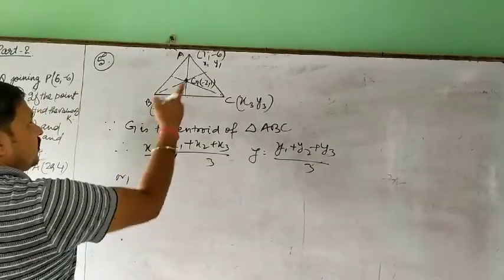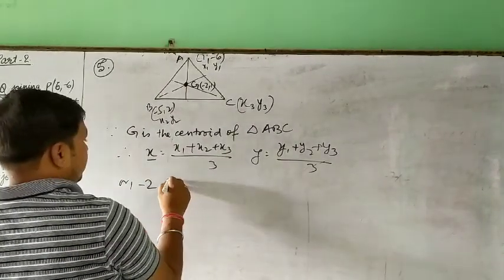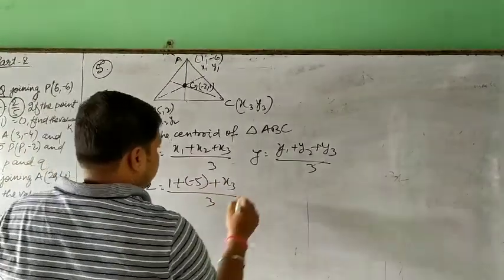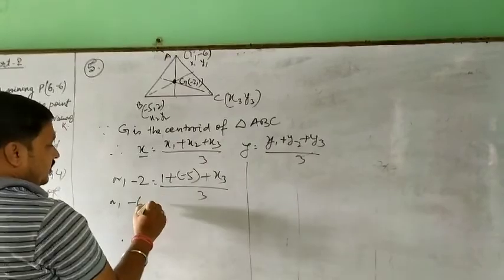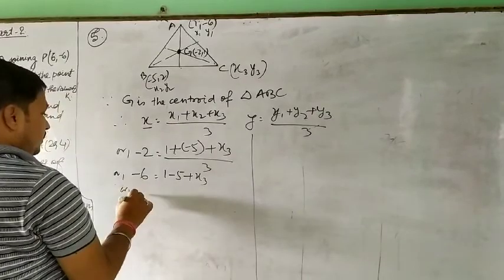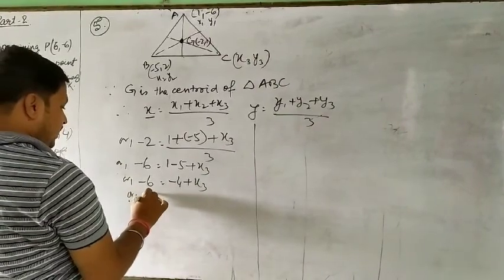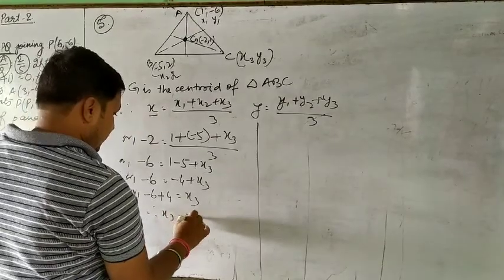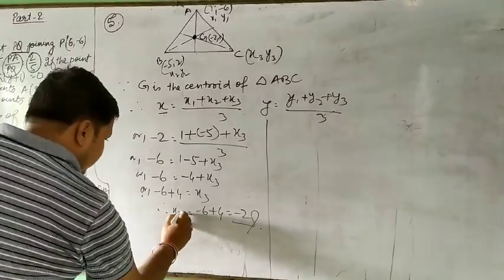Here x equal to minus 2 equal to (x1 equal to 1 plus minus 5 plus x3) by 3. So minus 6 equal to 1 minus 5 plus x3, or minus 6 equal to minus 4 plus x3, so minus 6 plus 4 equal to x3, therefore x3 equal to minus 2, and that's the value of x3.